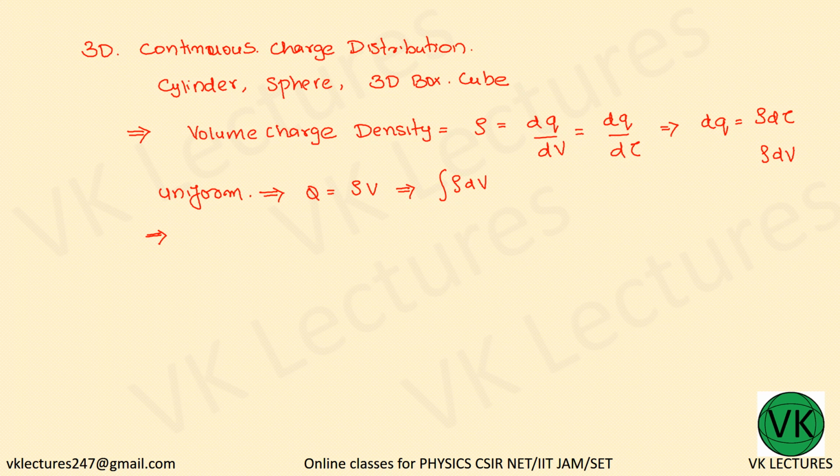And if it is a non-uniform charge distribution, your total charge q is integral rho dv, and this rho is not constant, as we have discussed. It varies according to the dimension of v.